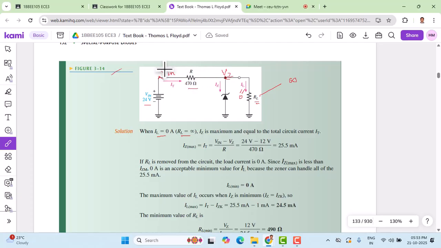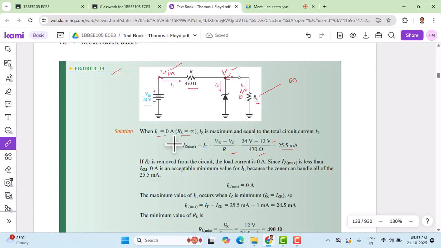This current is the voltage at this point minus the voltage at this point, divided by the resistance. Substituting, the input voltage is 24 volts, the Zener voltage is 12 volts, and the resistance is 470 ohms. That gives the maximum Zener current as 25.5 milliampere. This is the maximum current flowing when there is an infinite load resistance.